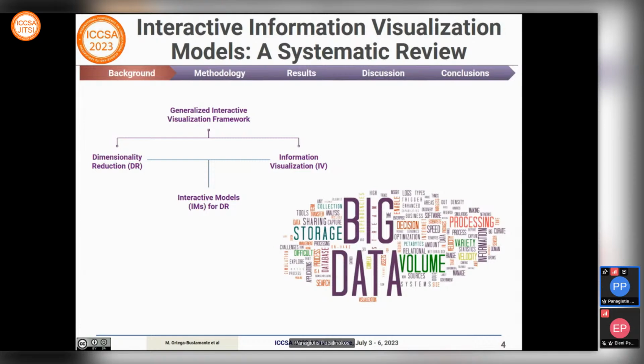Also, we have recently seen fast growth of available data, the big data. So we're trying to find a generalized interactive visualization framework to have information visualization tools through dimensionality reduction. We would like to have interactive models using DR techniques, which will be available for different users from different fields.